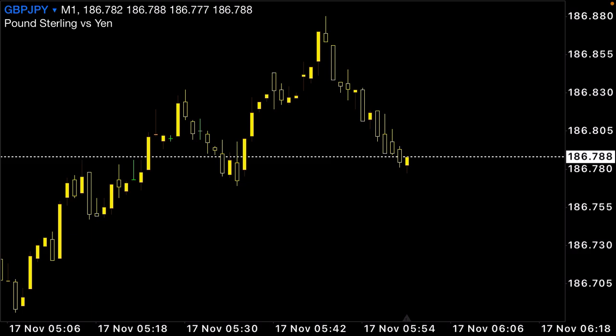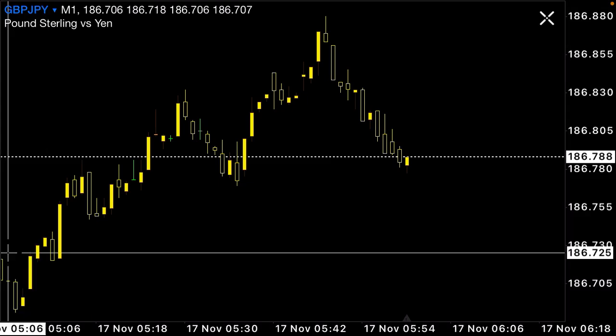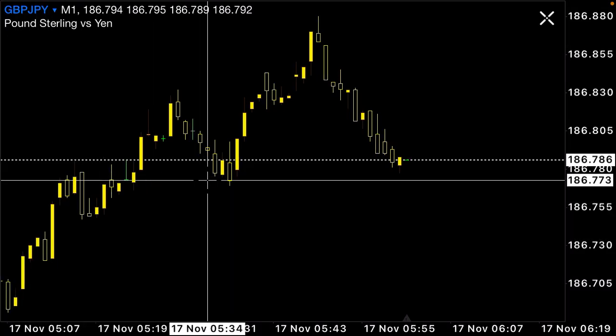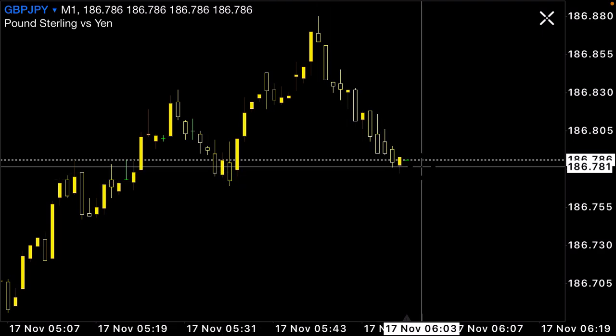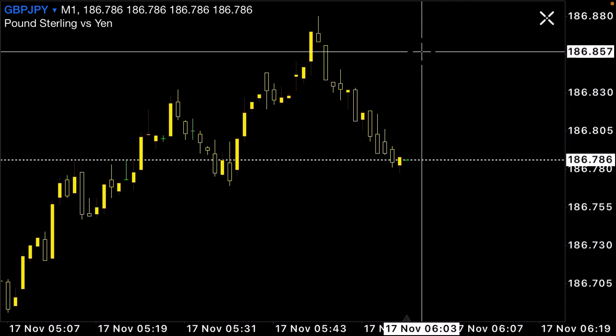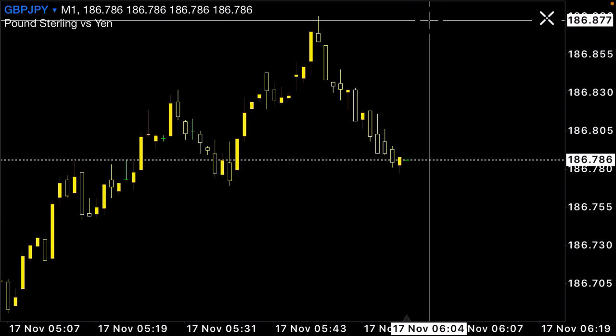Right now it has a top, and I'm anticipating that this white bar right here, I'm anticipating that it's going to go up for a double top.